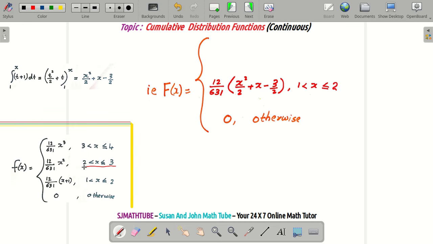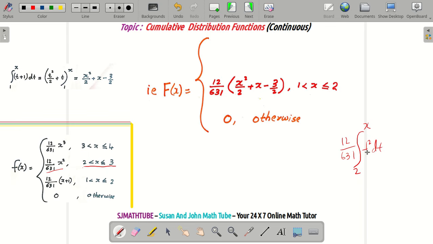I have to accumulate the probability values from 2 to 3. So the integral will start from 2 to x, and the function will be 12 by 631 and t square dt.